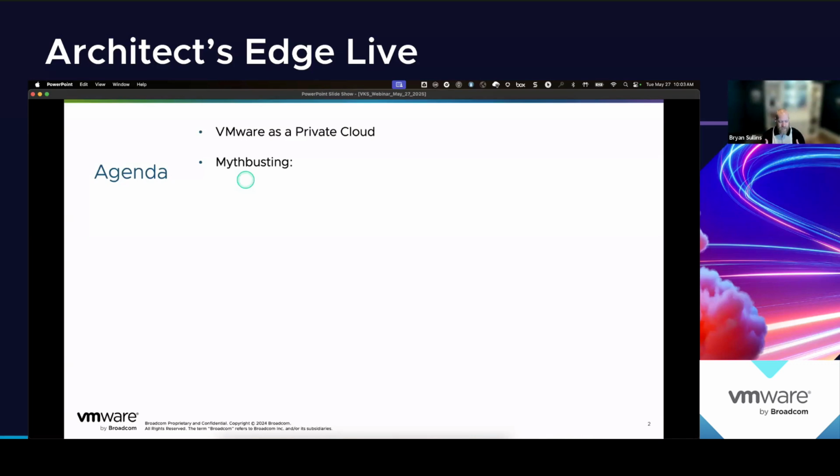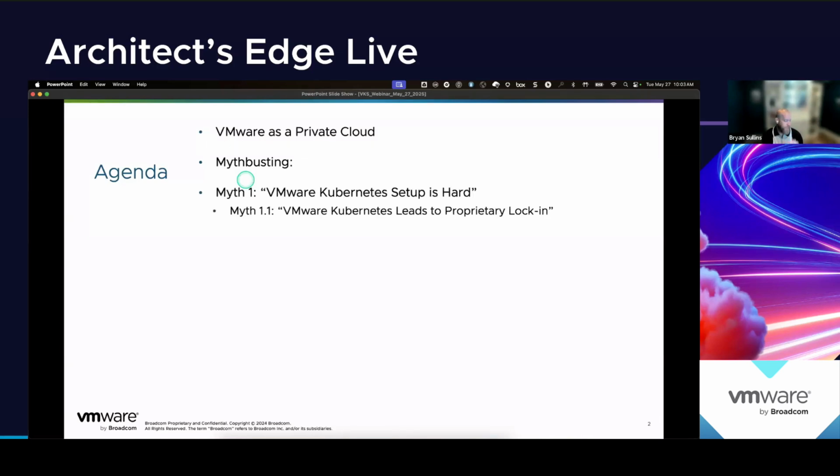And this is based on literally the customers that I talk to day in and day out. So I'm a solutions engineer. I'm on the front line selling VCF as a cloud platform. And I just hear a lot of these different myths, and a lot of these are based on literally things that customers say to me when I sit across from them at the table or on Zoom calls.